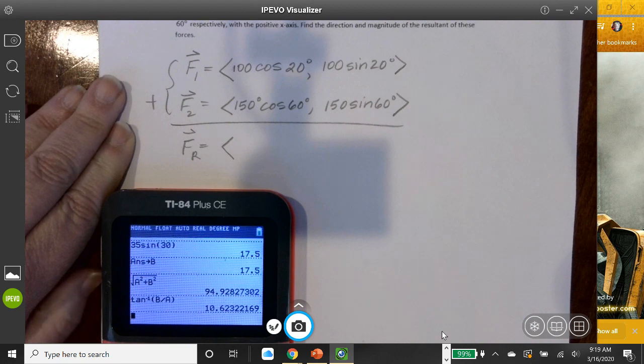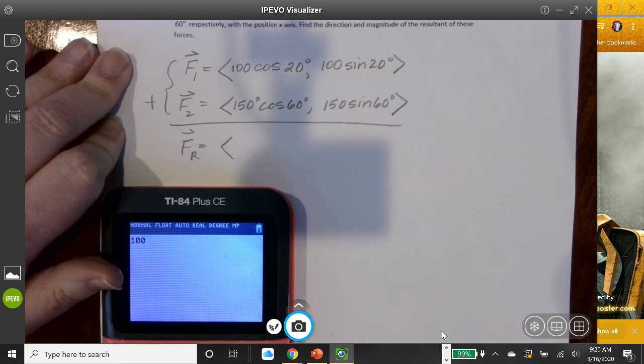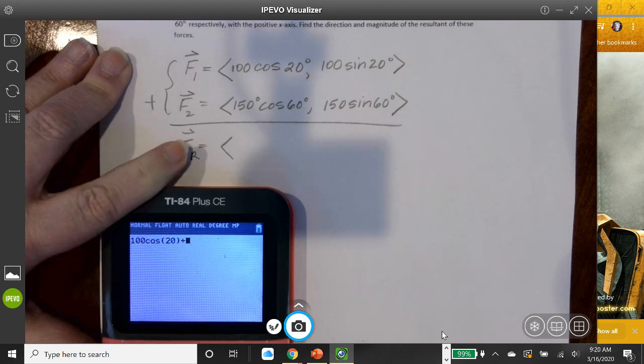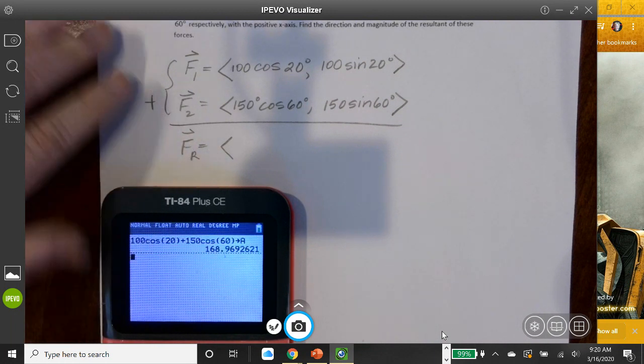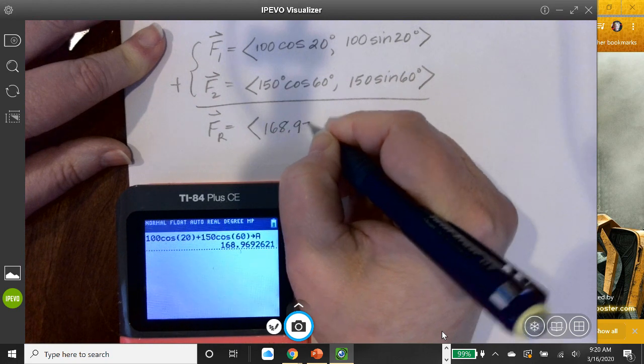Let's do that. We get 100 cosine of 20 degrees plus 150 cosine of 60 degrees. And I'm going to store that in alpha A, right? Because that's my x component of the resultant, which is 168.97.